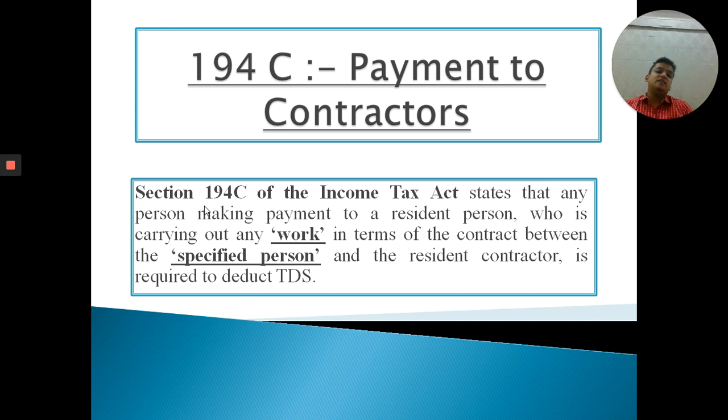Yes. So next, 194C. Well, this section is very close to my heart and I just love it. Payment to contractors. 194C of the Income Tax Act states that any person, if any person makes a payment to a resident person for any work or specific work in a contract, there is an important word: work, contract and specified person, then we are required to deduct TDS at the specified rate, which will follow in the next slides.